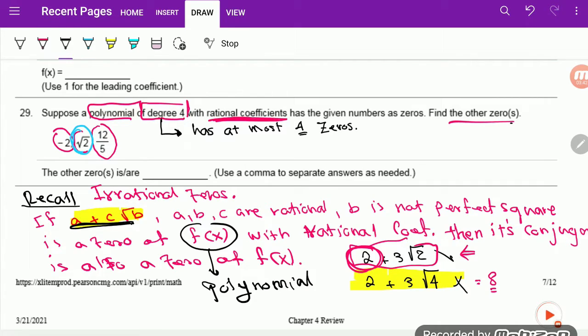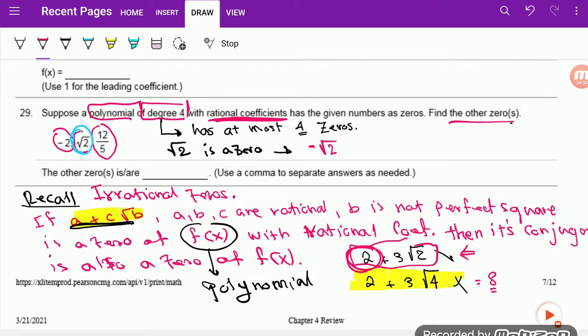It means that when radical 2 is a zero, then its conjugate is a zero. What is the conjugate of this number? You just switch the sign of the radical, so it's going to be negative radical of 2.